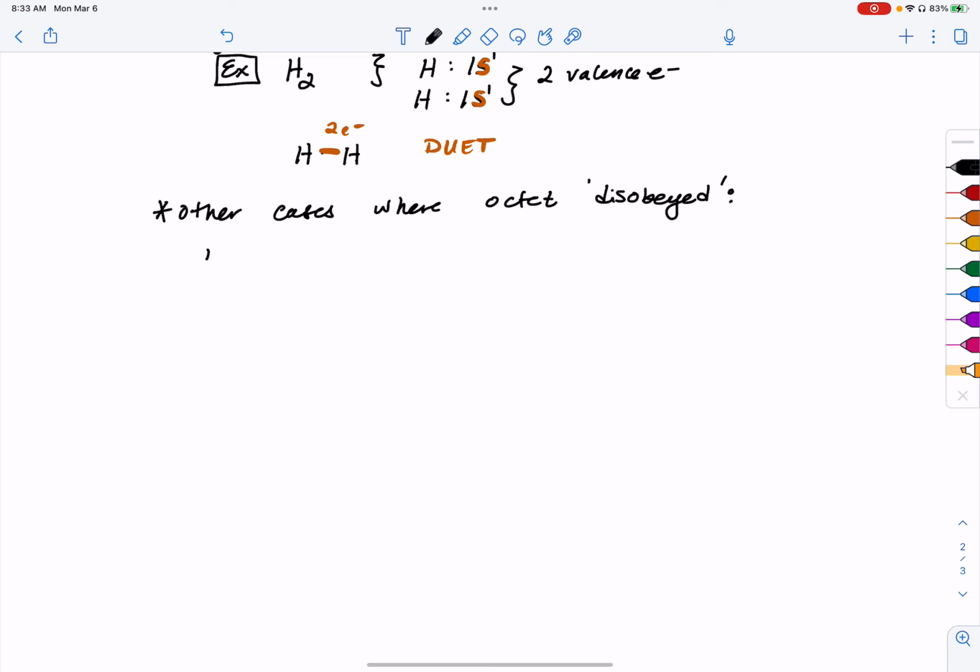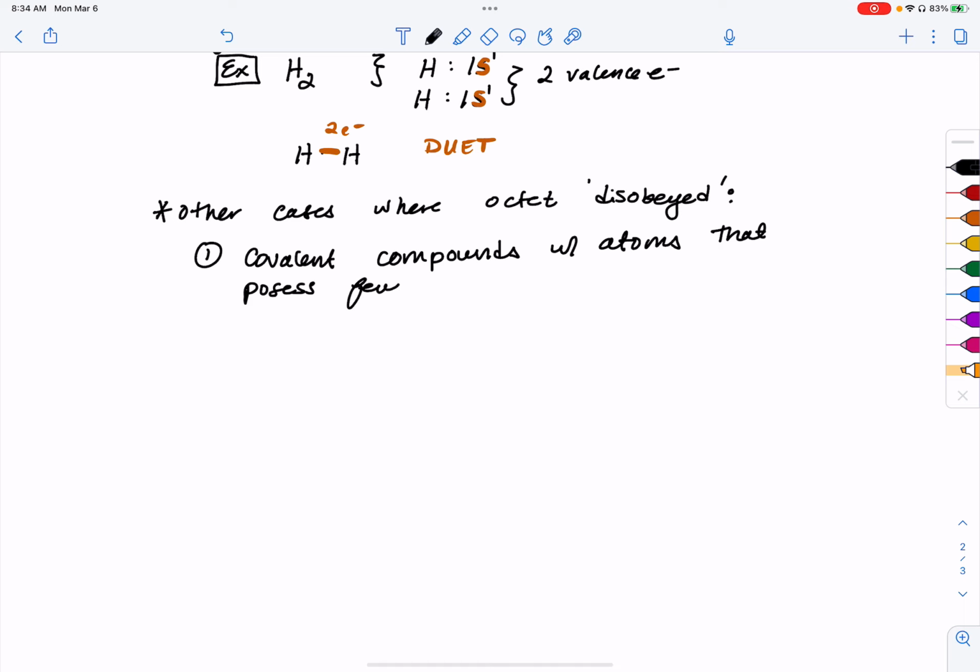So the first one is when we look at covalent compounds with atoms that possess fewer than 8 total electrons.